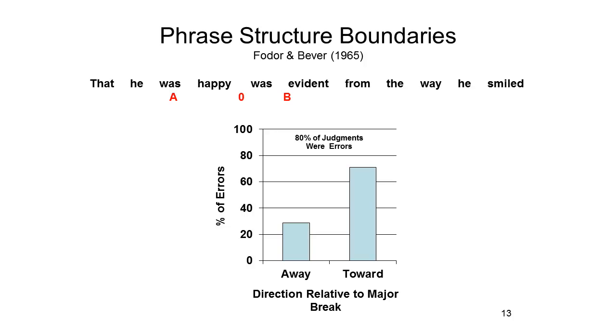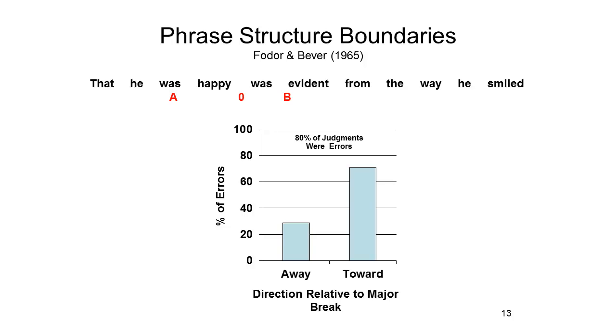Sometimes the click was located right at the boundary between a noun phrase and a verb phrase. In this case, at position 0, between the noun phrase, "that he was happy," and the verb phrase, "was evident." In other trials, the click was presented either within the noun phrase, say at position A, or within the verb phrase, say at position B.